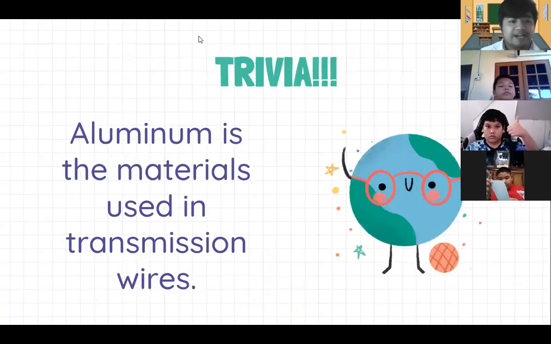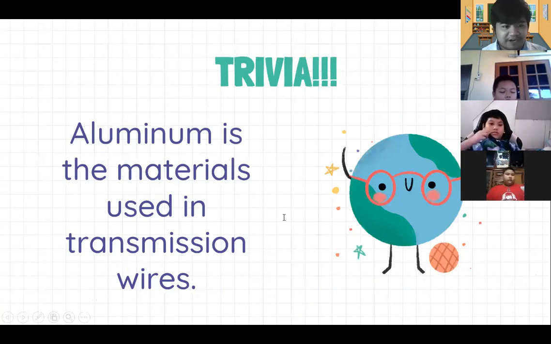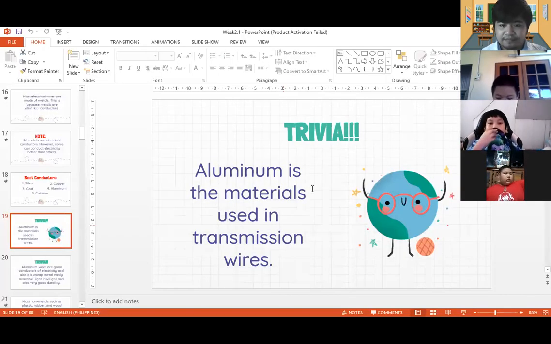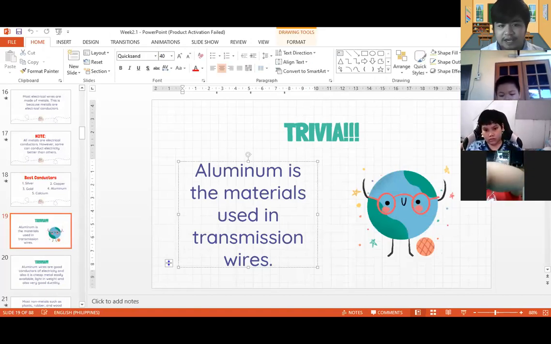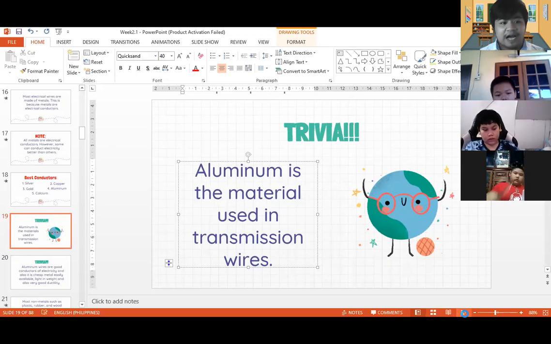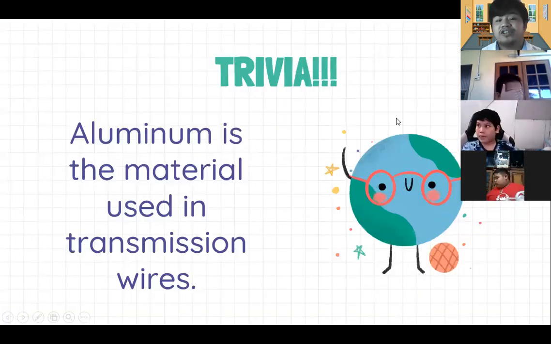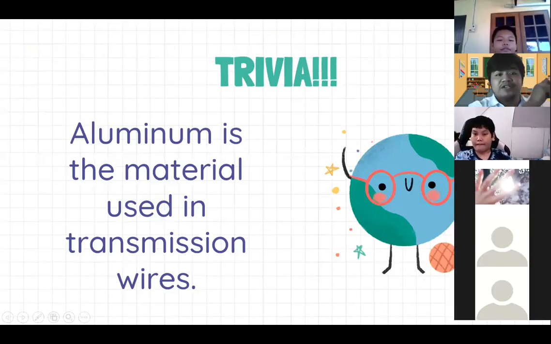There's a trivia right here. Aluminum is the material used in transmission wire. Do you know transmission wire? The one you see on the streets.